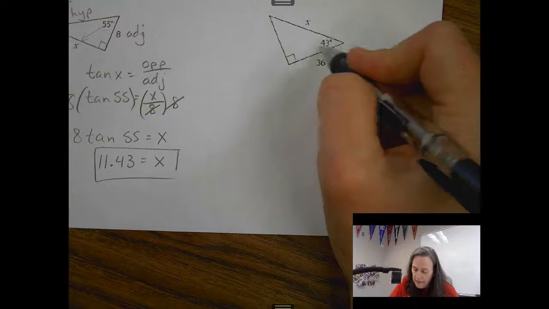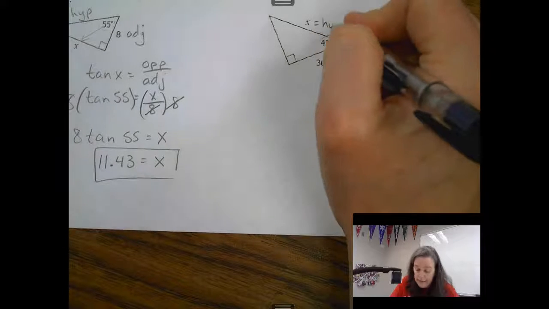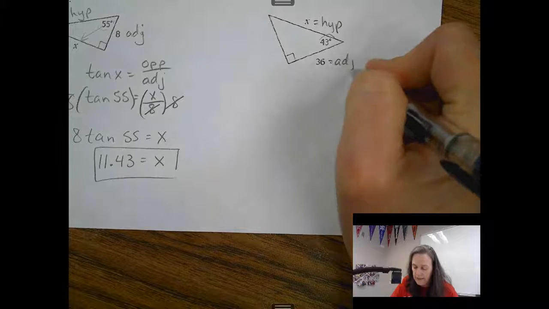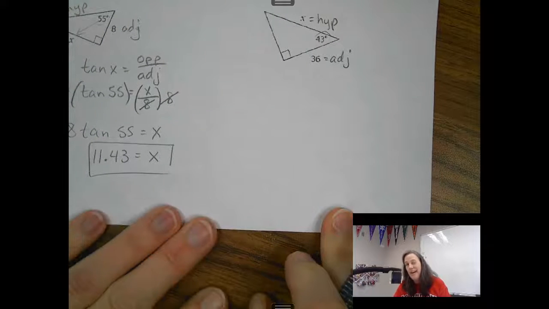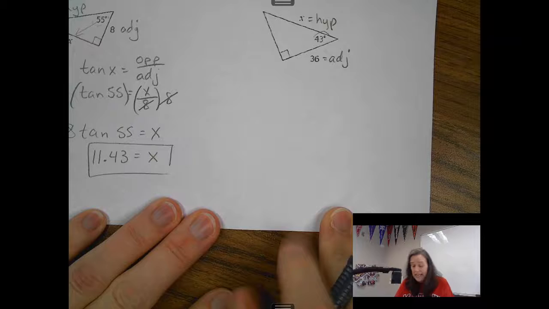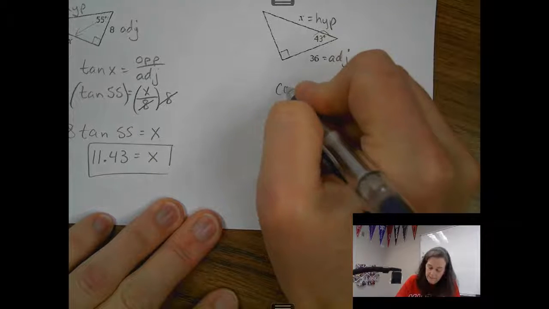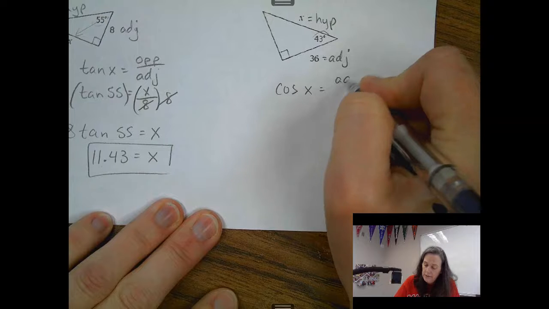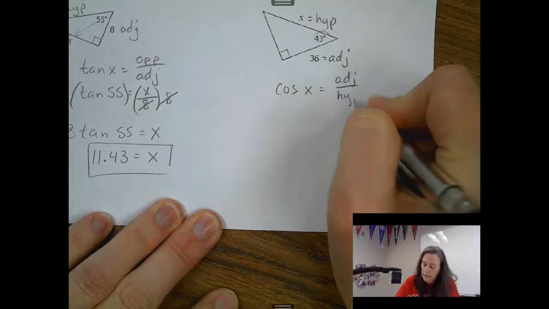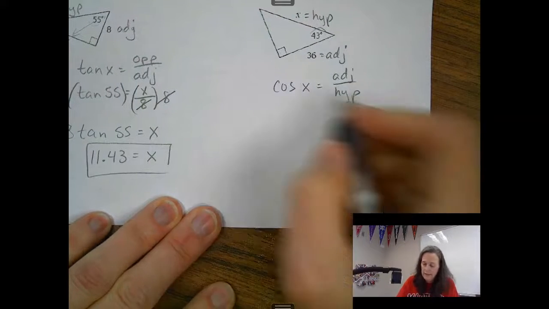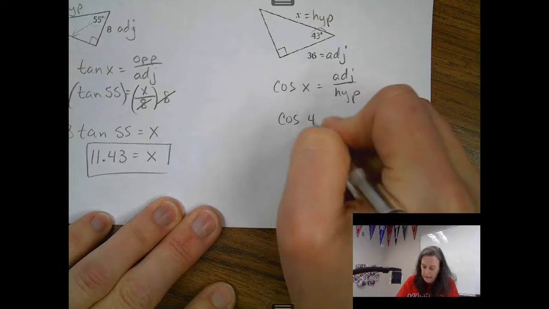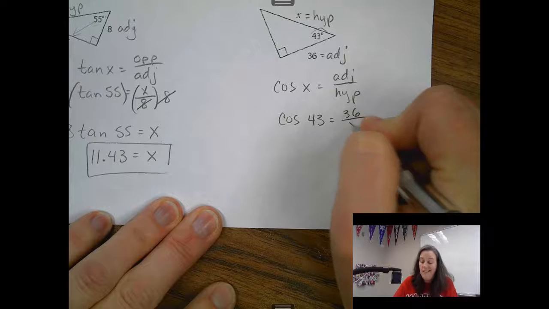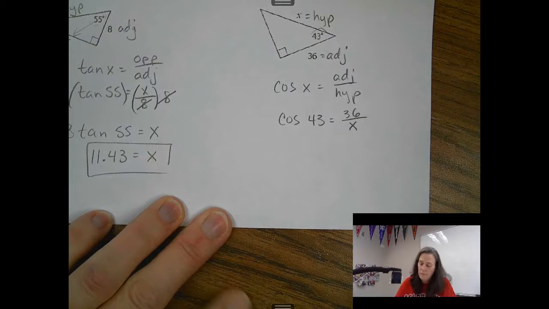Okay, here's what they gave us. This is our hypotenuse, and this is right next to it. So that's our adjacent side. If we have A and H, that's cosine. And that is adjacent over hypotenuse. Let's plug in then the pieces. Cosine of 43 equals adjacent's 36 over hypotenuse, which we didn't know.